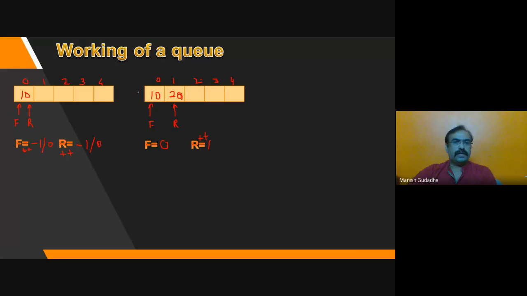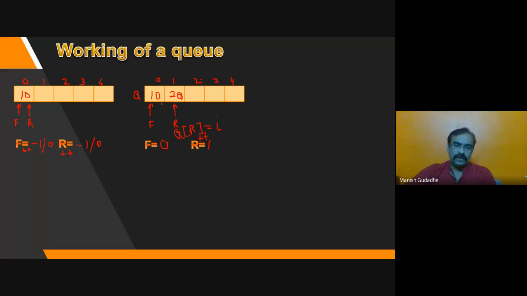Let us name this as Q. We are going to add the element at this position: Q[R] = item. Are you getting me? What is Q[F]? Q[F] is the first element. What is Q[R]? It is the last element.